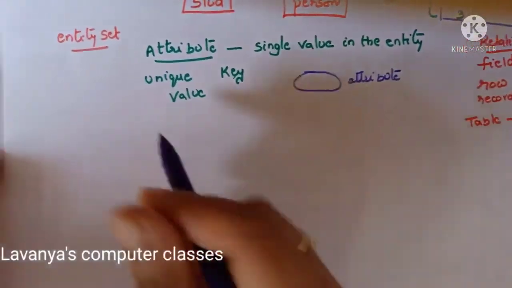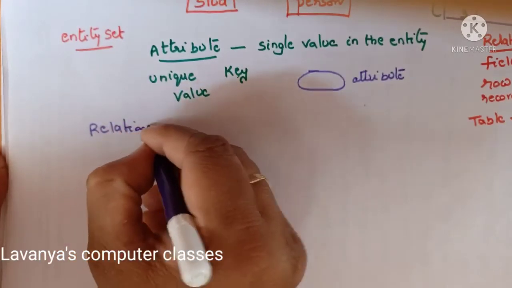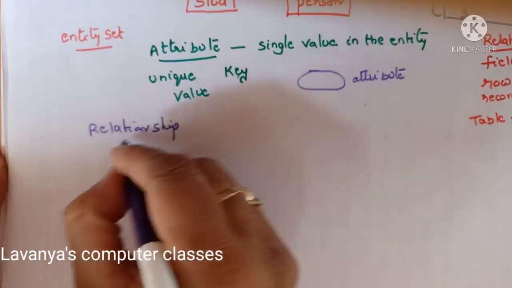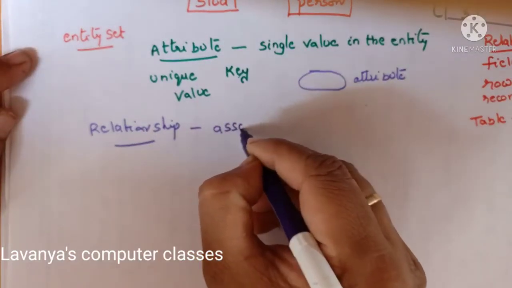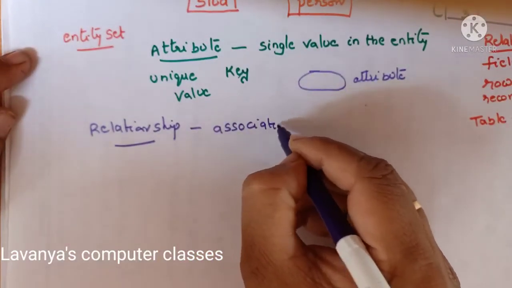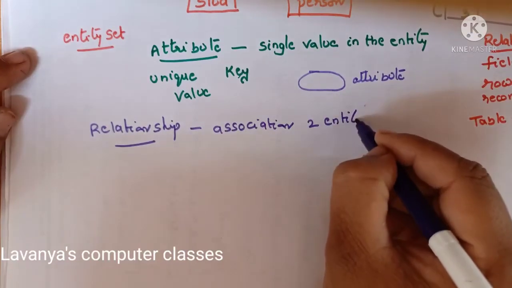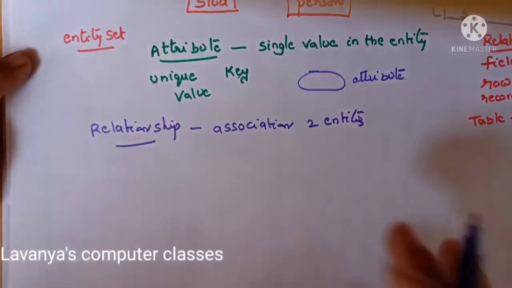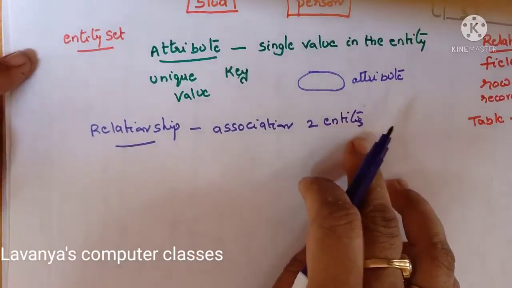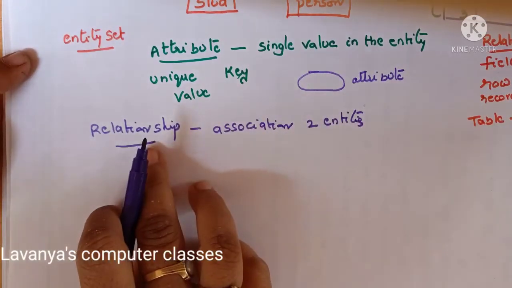Next one is relationship. So what is a relationship? Relationship is known as the association between two entities, between two entity sets or between any two entities. Whatever the association between two entity sets is called a relationship.